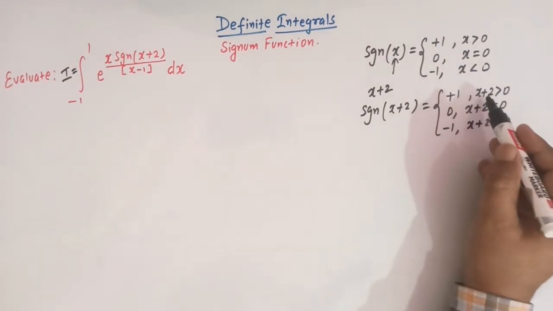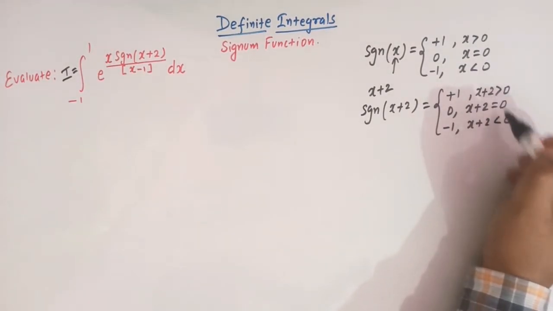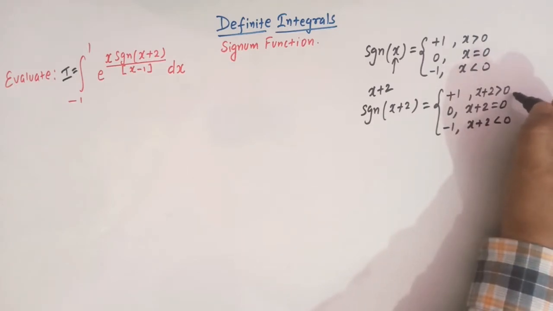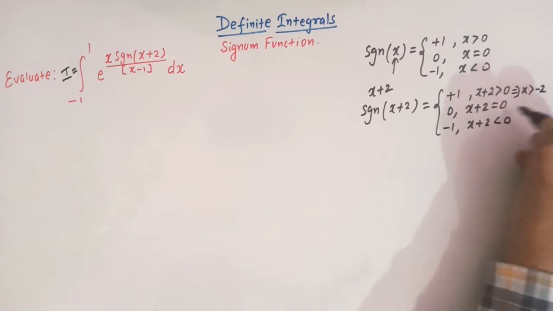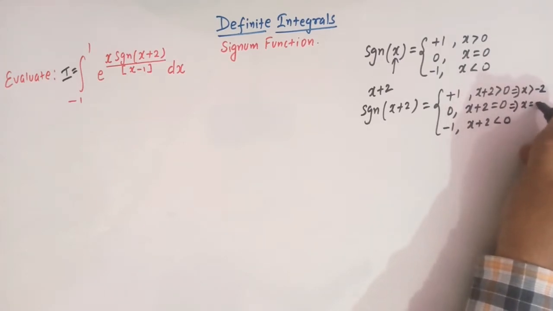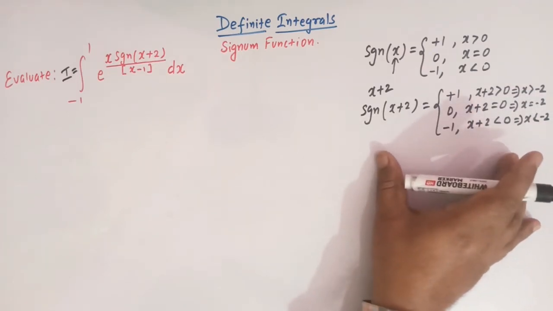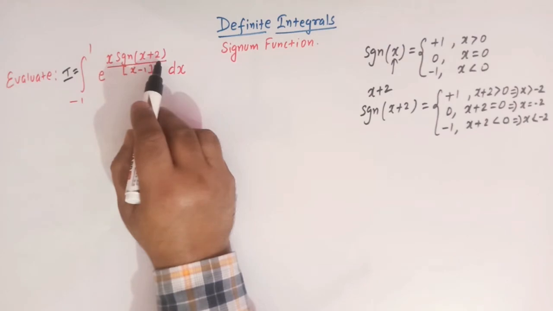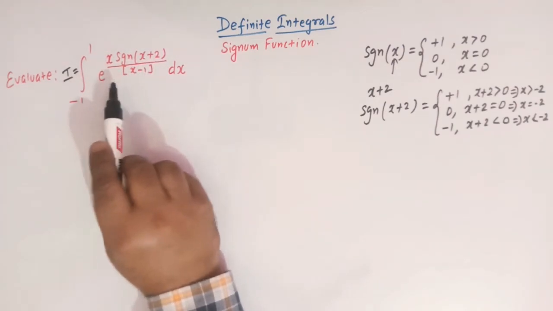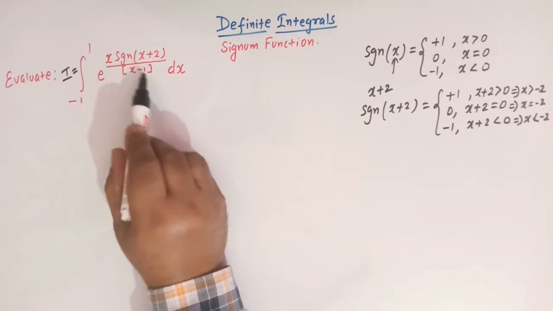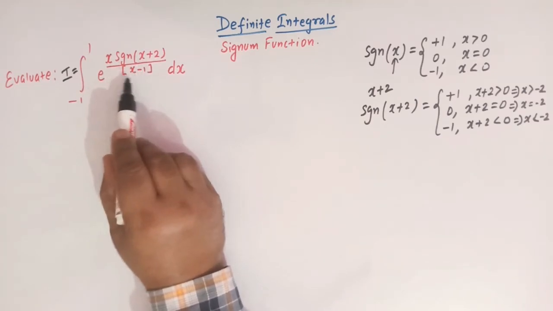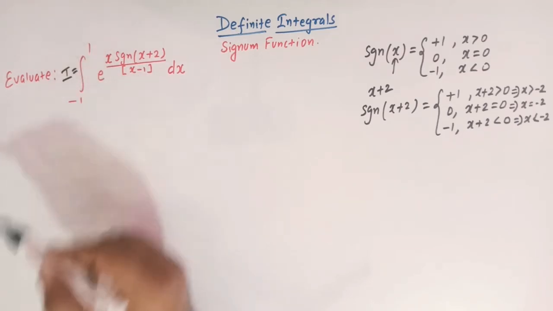So we have two inequalities and one equation. We can write it as x greater than -2, x equal to -2, and x less than -2, right? This is how we define the signum of x plus 2, and in our next steps we will simplify the greatest integer of x minus 1 using the limits, right?